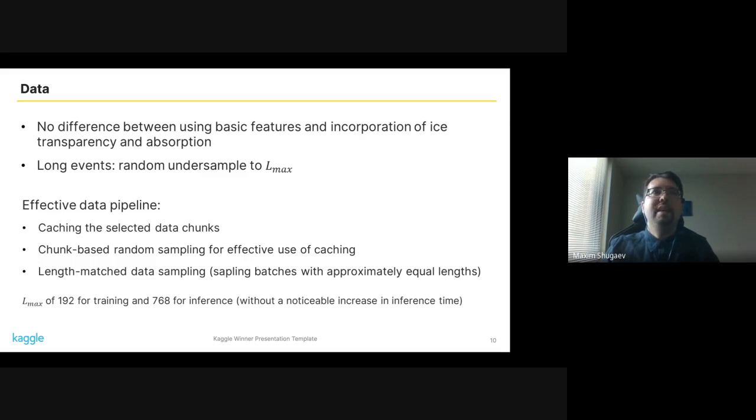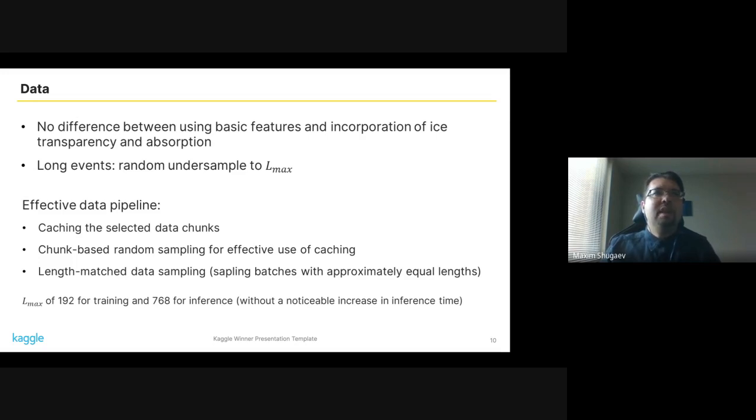So during training, we first randomly sample a particular file and then sample all events from this file and go to the next file. And finally, it is length-matched data sampling: sampling batches with approximately equal lengths. So we minimize the computational overhead introduced by processing of padding tokens when the batch is truncated at the longest sequence.